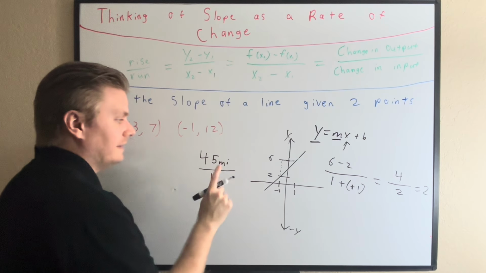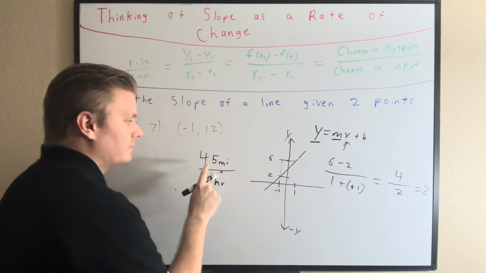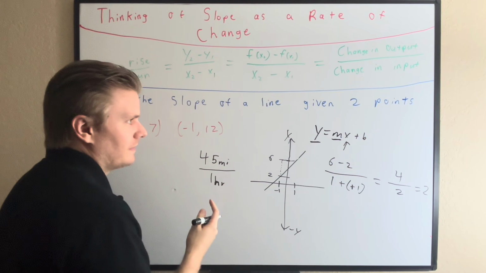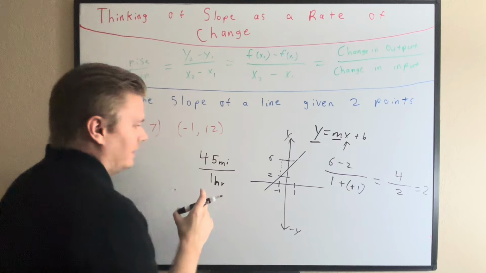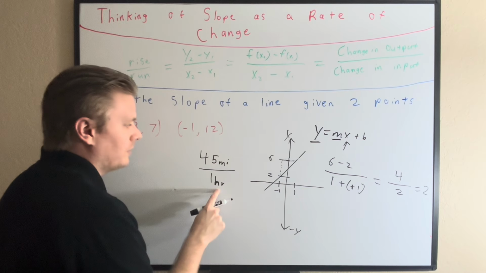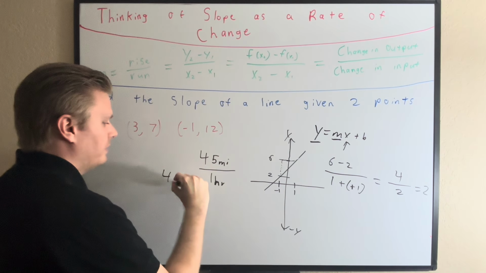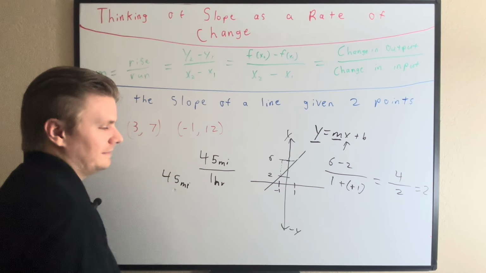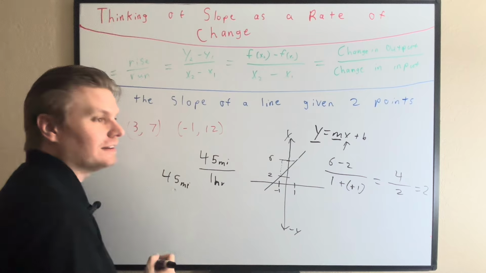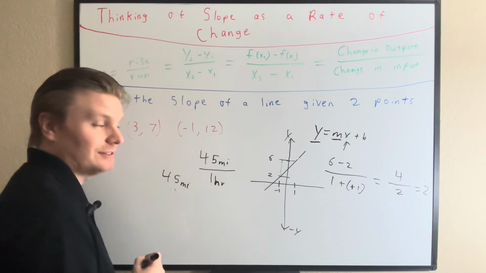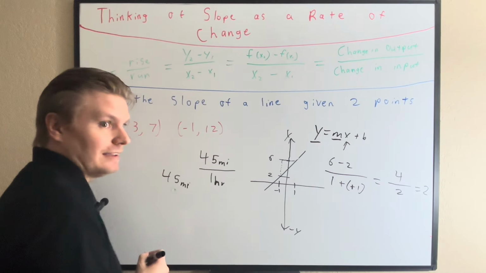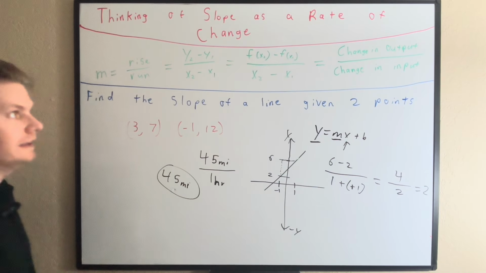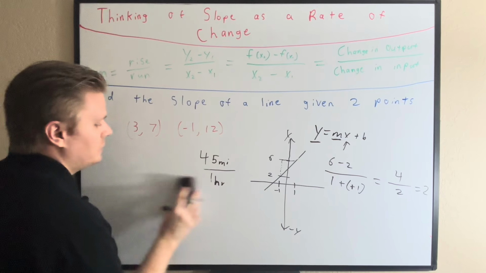If you go at that same speed for 1 hour, you will have traveled 45 miles exactly, right? You'd have to put the cruise control on and not run into any red lights or stop signs or anything, but that's what that means. That's what slope is. It's a rate of change.